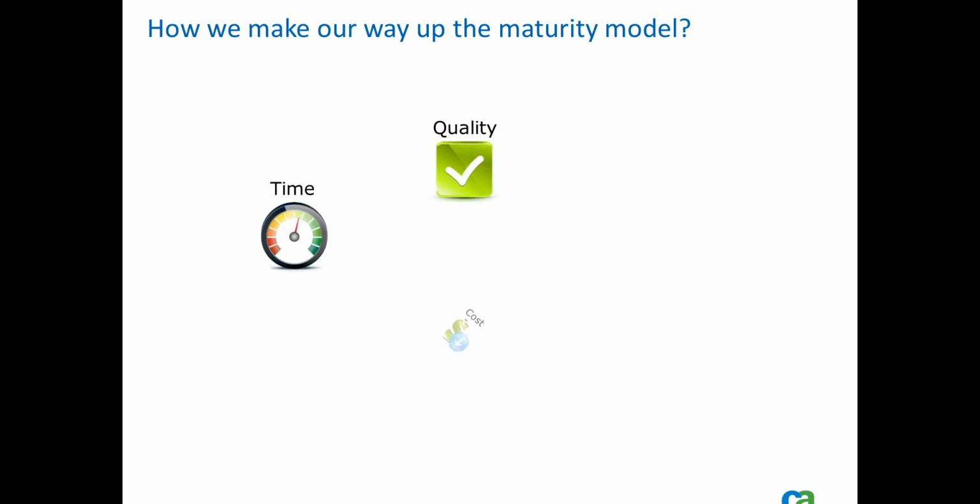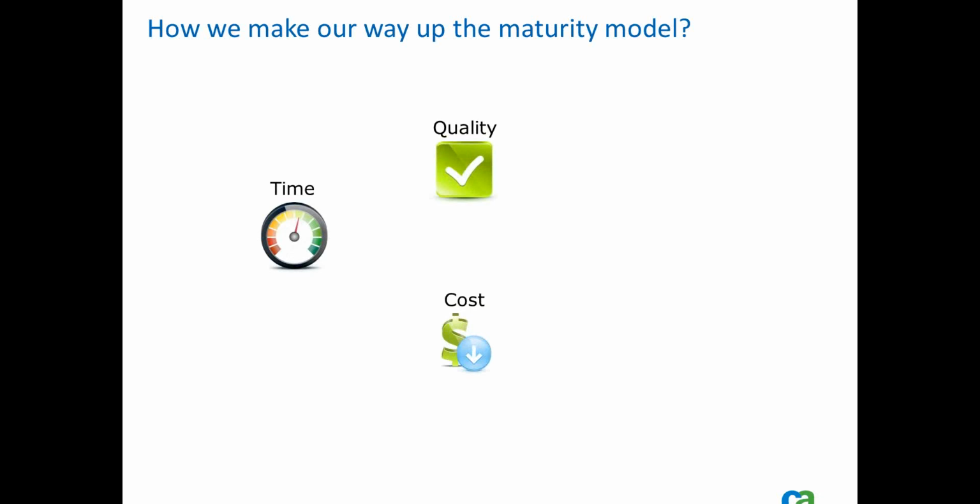So if we look at how we make our way up the maturity model, where do we start? We usually find that in most human endeavors, and IT is no exception, there are three main constraints: quality or risk management, time and cost. It's difficult to have a positive effect on one of these without having a negative effect on one of the others.